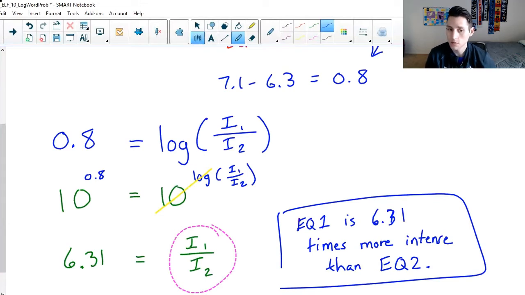Because when we solved, the ratio between them is 6.31. So that means the first earthquake, the earthquake in the numerator, is 6.31 times more intense than earthquake 2.